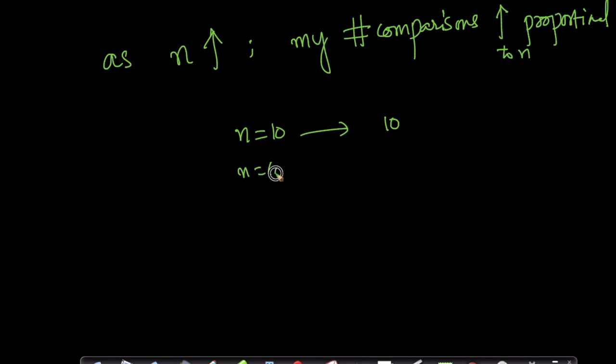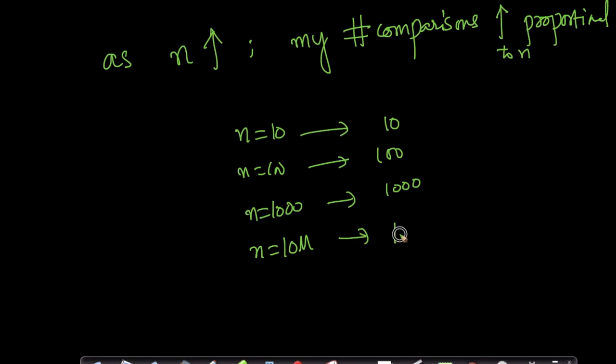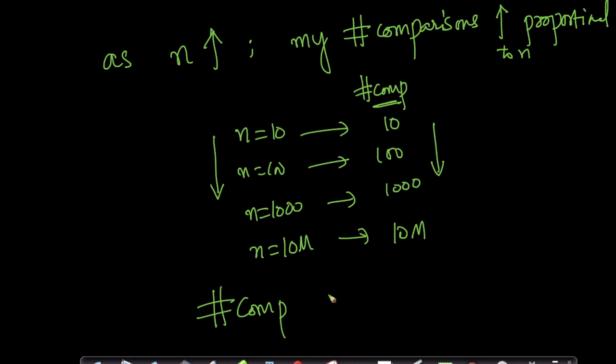If n is 100, my worst case number of comparisons is 100. If n equals 1000, this will become 1000. Similarly, if n equals 10 million, this will also become 10 million, right? Which means as n increases, my number of comparisons also increases proportional to n. So can I say that my number of comparisons is proportional to n?